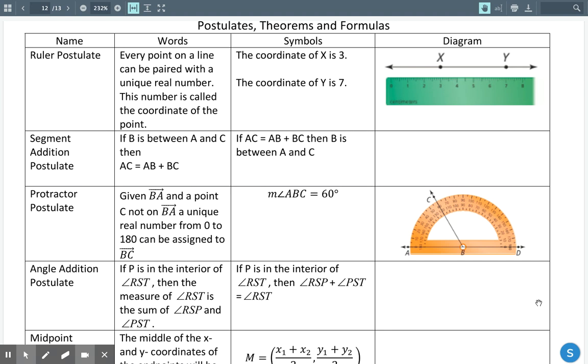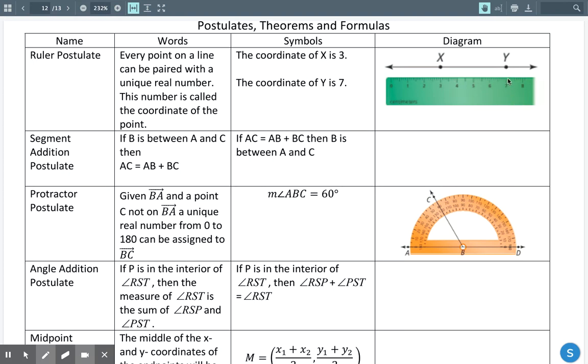The first one is the ruler postulate. Let me get my pen back. Okay, so the ruler postulate just tells us that every point on a line can be paired with a number. So that's just what we talked about with coordinate. This number is called the coordinate. So like here, coordinate of X is 3.